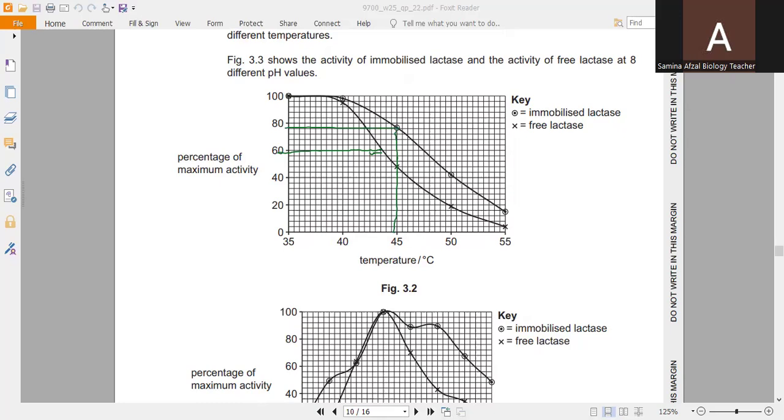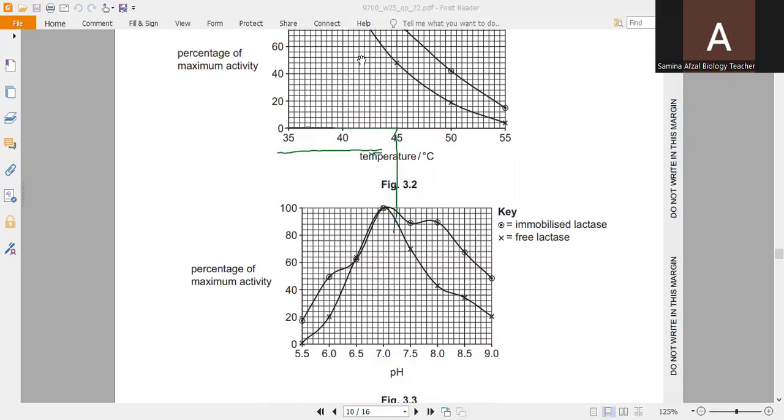On the other hand, if we go with the pH value, then you can see over here again the curve is maximum in both cases. The immobilized lactase maintains a higher percentage of its maximum activity across a wider range.